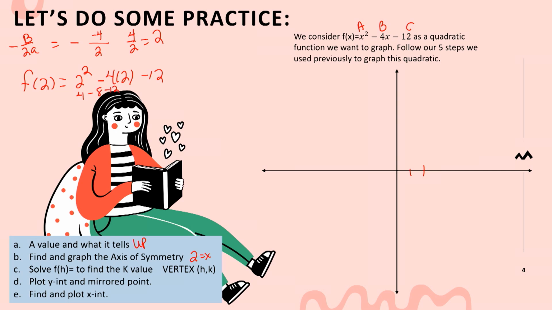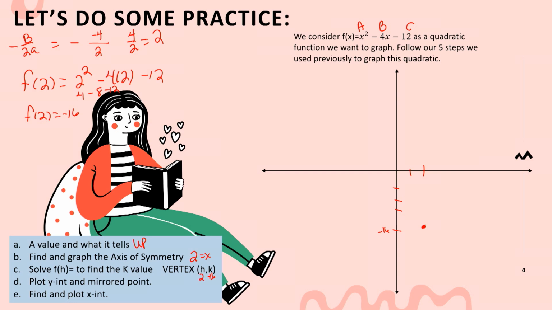I'm going to plug that in the calculator to see what I get. So I've got 4 minus 8 minus 12, and what do you get? I get f of 2 equals a negative 16. So then I know it's right there. That's where my vertex is going to go. So now that I've got that, I've got my 2 and negative 16.